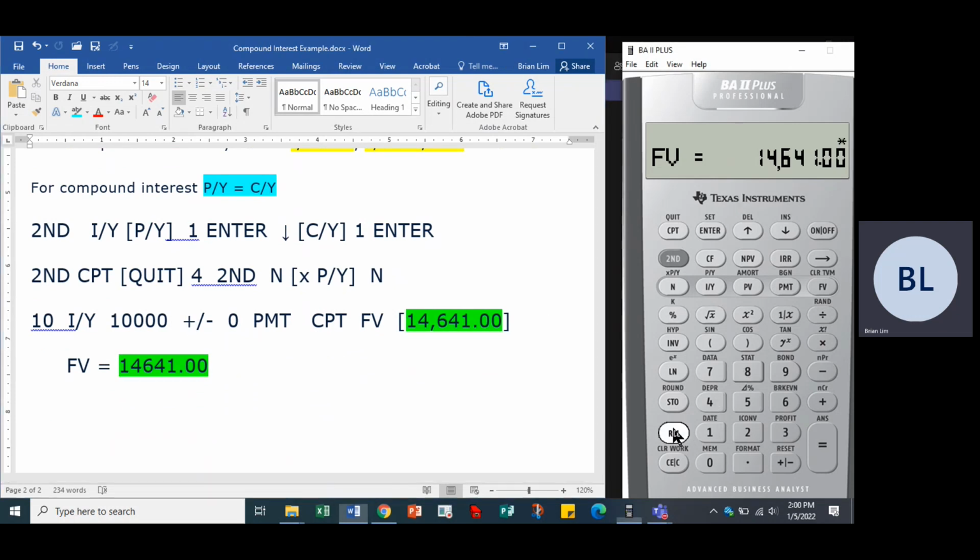Let me recall it. Recall PV, sorry, for present value. I could have put a positive value in there. Okay, I press the positive, and if I compute the future value, it will be negative. All right, so either one is correct, but that is how the calculator operates.